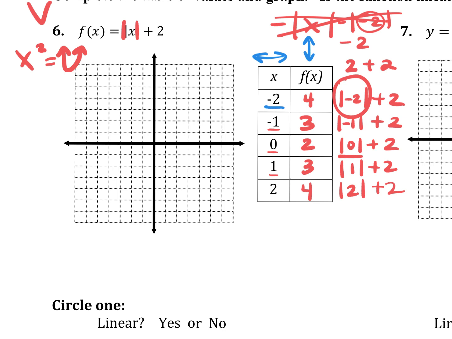So we're going 2 to the left, 4 up. 1, 2, 3, 4. Okay, then we're going 1 to the left and 3 up. 0 left, 2 up. 1 right, 3 up. 2 right, 4 up. So this should be your graph. And draw the line in, okay? It's the whole thing that we want represented.